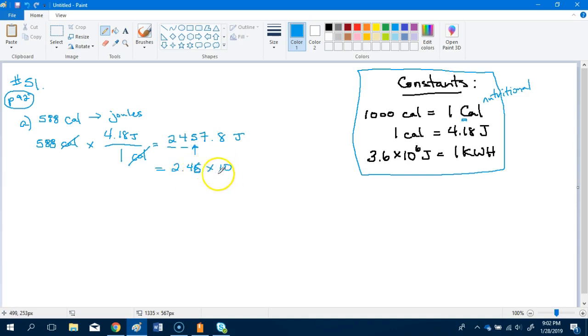So 2.46, and I'm moving my decimal over 1, 2, 3, so that's going to be 10 to the power of 3 joules. These two answers are equivalent. One's written in scientific notation and one's written in regular decimal place.